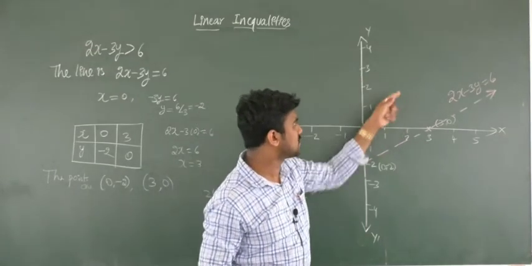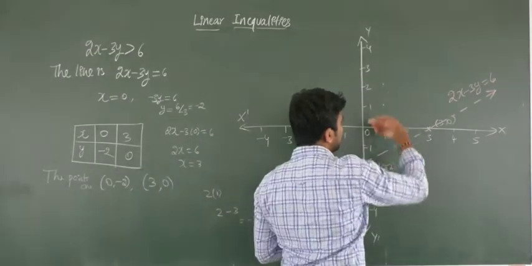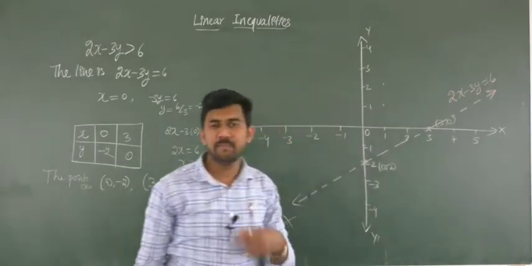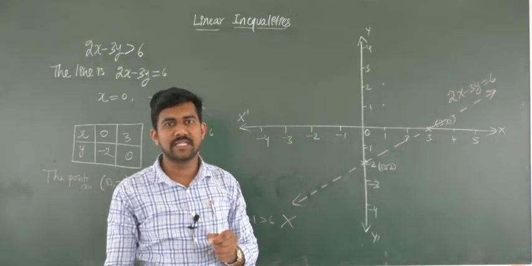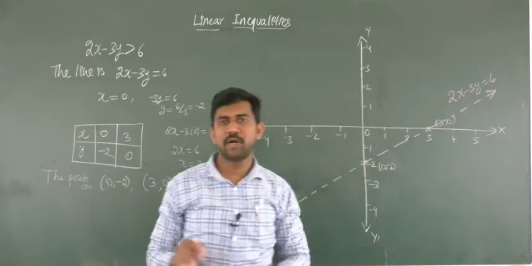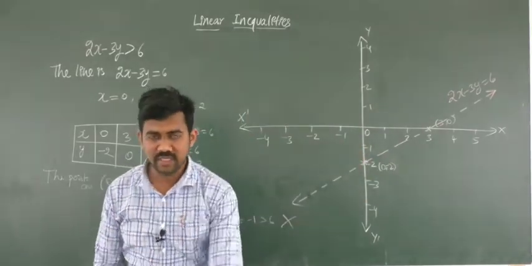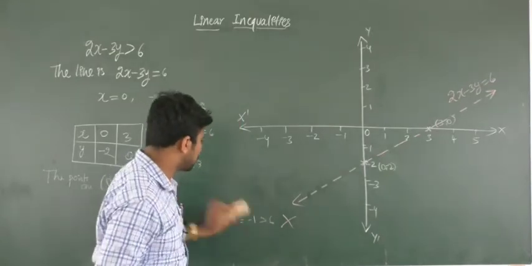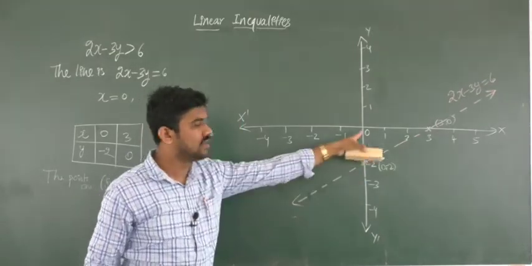Similarly, you can consider any other point like (1, 2) or (2, 1) and check like that. Or, in general, you can consider a suitable point, that is the origin, because the origin does not lie on this line.